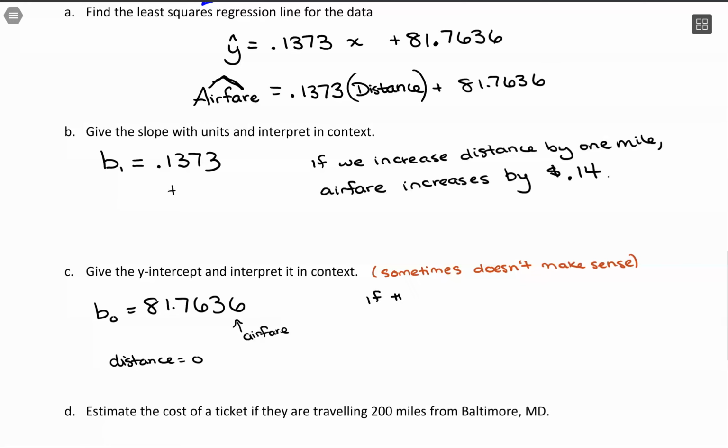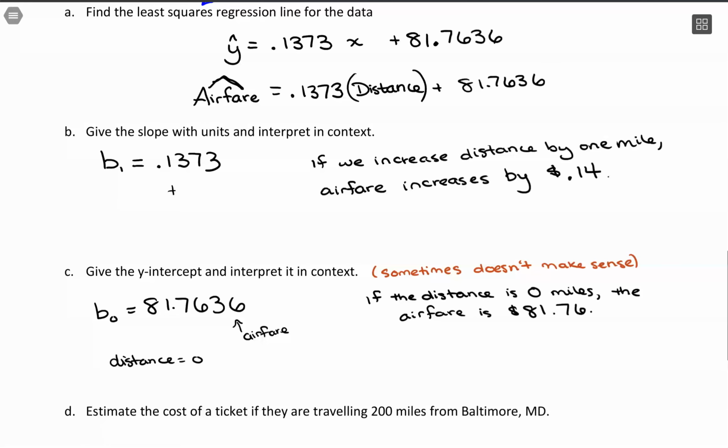It's like if the distance is 0 miles, the airfare is $81.76. Now interpreted like that, that doesn't make sense. I'm not flying anywhere today. I'm traveling 0 miles from Baltimore. I'm not going to suddenly get charged $81.76.